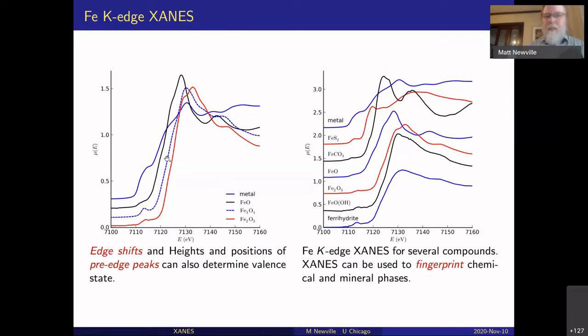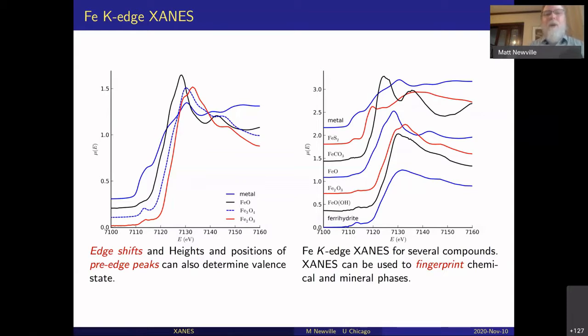Unlike for the extended XAS, where we're modeling the photoelectron going out and decaying, here it's often useful to just look at it as a spectroscopic method. So fingerprinting, or saying that there is some iron sulfide and there is some iron oxide 3+, or some ferrihydrite, say, in my sample. Just do a linear combination of those to get a better understanding of the sample that I measure.